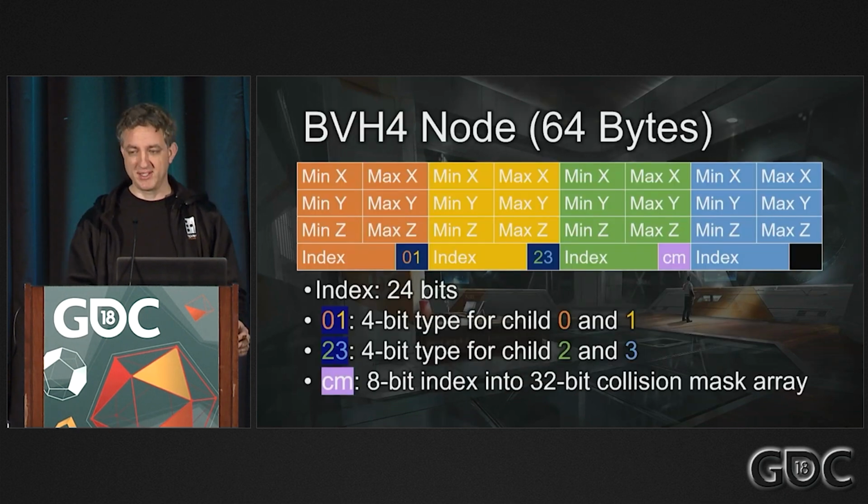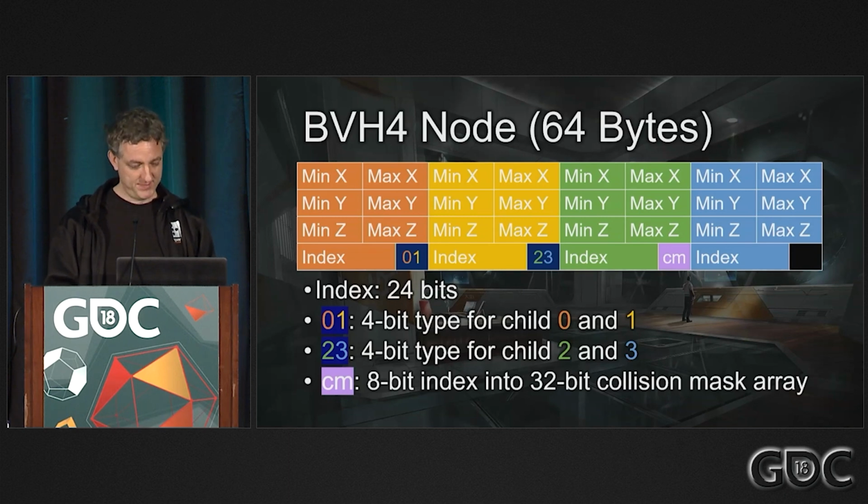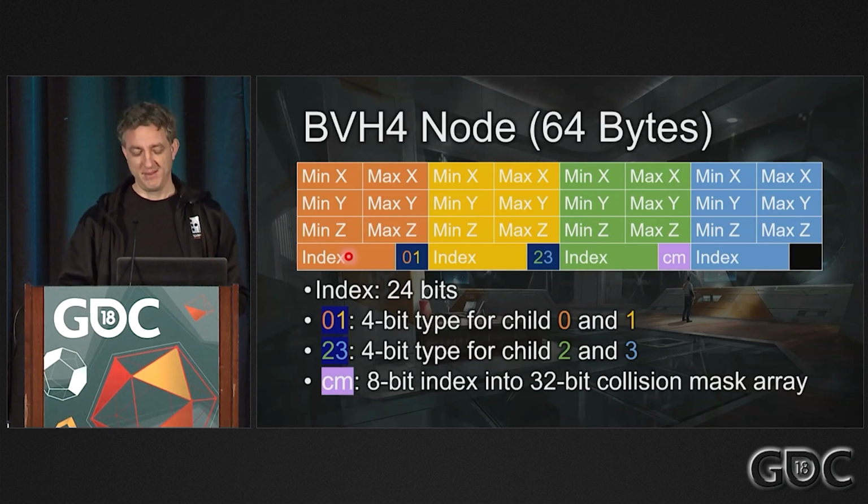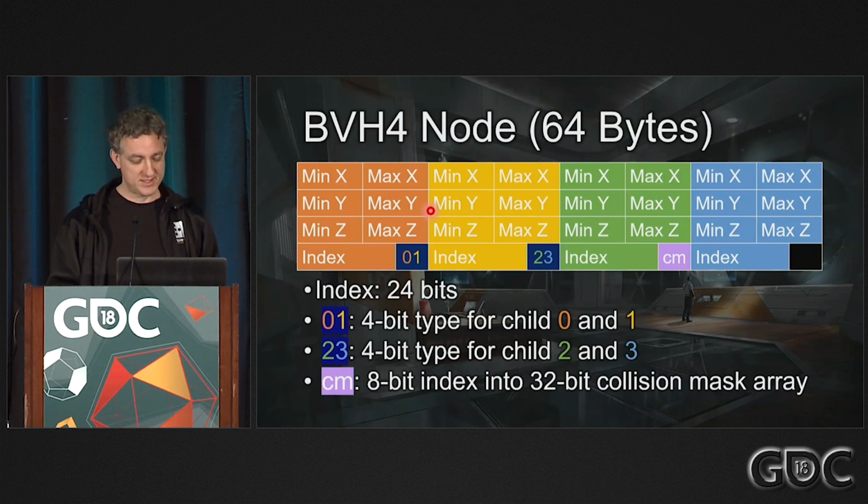So here's our structure kind of shown. You can see we've got the mins maxes for the 4 boxes, taking 3/4 of the structure. This is to scale. Indexes are 24 bits. That's either a child bounding volume node or a collision primitive index. We have this 0, 1, 2, 3.